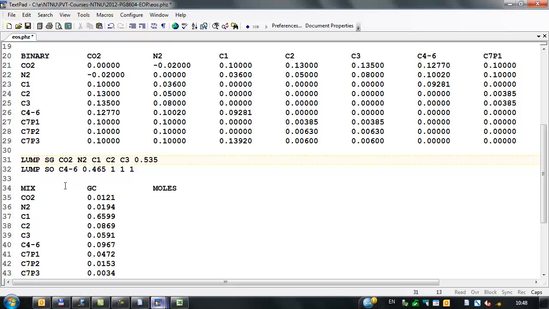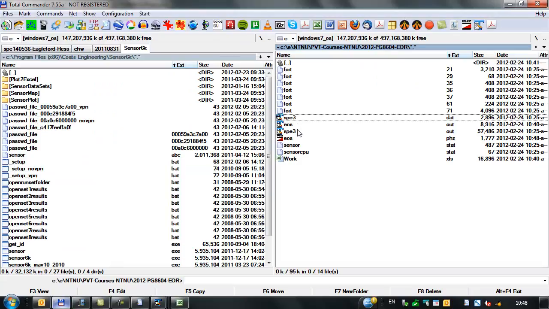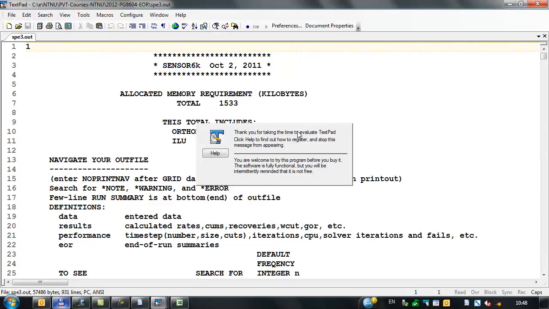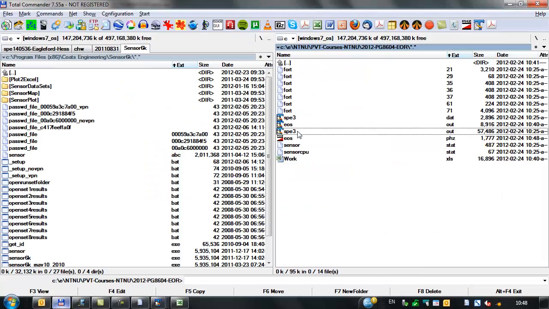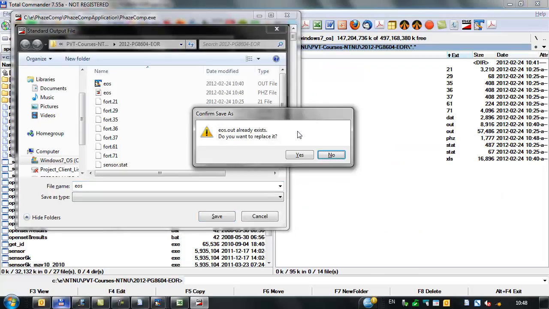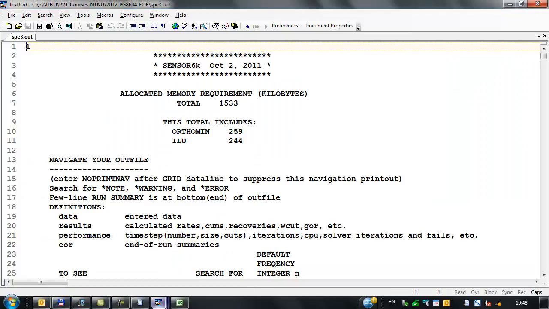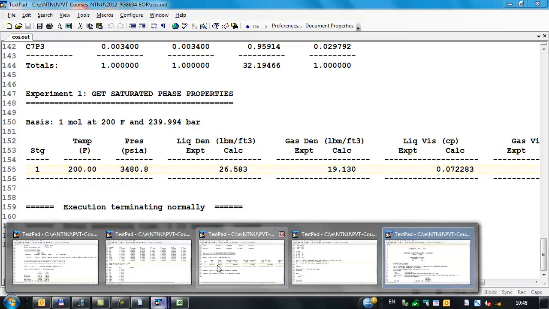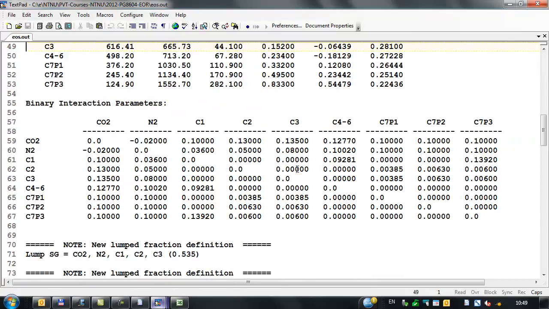Okay, so let's just try that. Let's just rerun the phase comp file and see if it interprets that correctly. Files. So we'll go up the top and see.